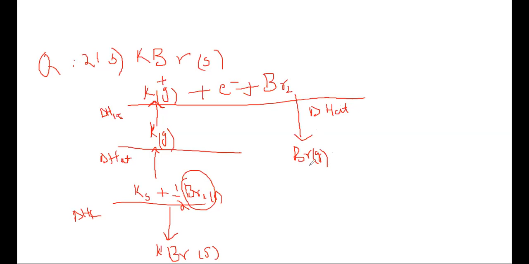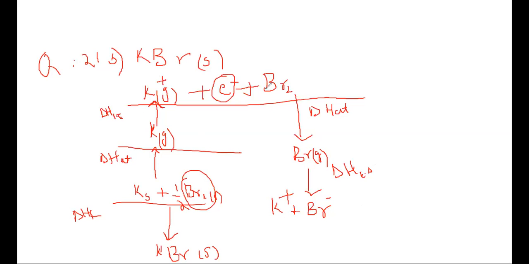Now we have to change this into an ion. Electron affinity is the amount of energy that is released from an atom when you add an electron. So the enthalpy change of electron affinity, and the bromine ion will be formed. Previously we had K positive, which lost one electron.